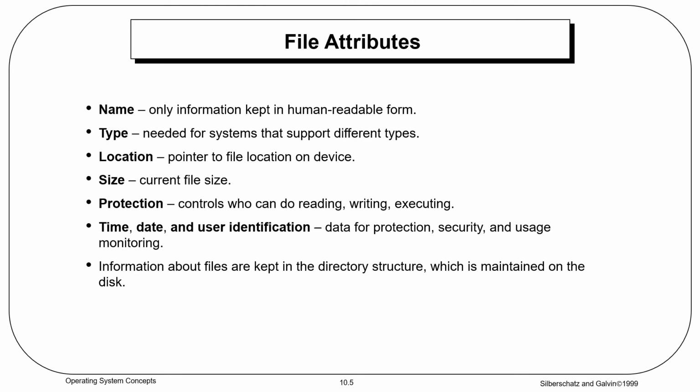Now we discuss file attributes. A file is named for the convenience of its human users and is referred to by its name. A name is usually a string of characters, for example, example.c. Some systems differentiate between uppercase and lowercase characters in names, whereas other systems may not.